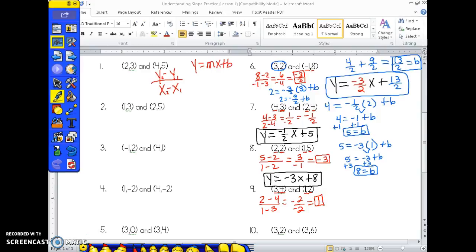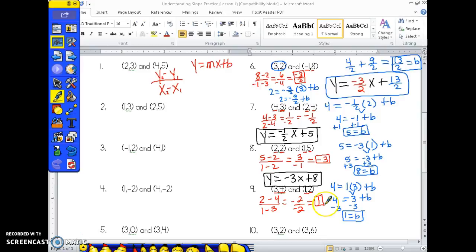And I plug that in. 4 for y equals 1 times 3 for x plus b. 1 times 3 is 3. To get b by itself, I have to subtract 3 from both sides. And my y-intercept is 1.